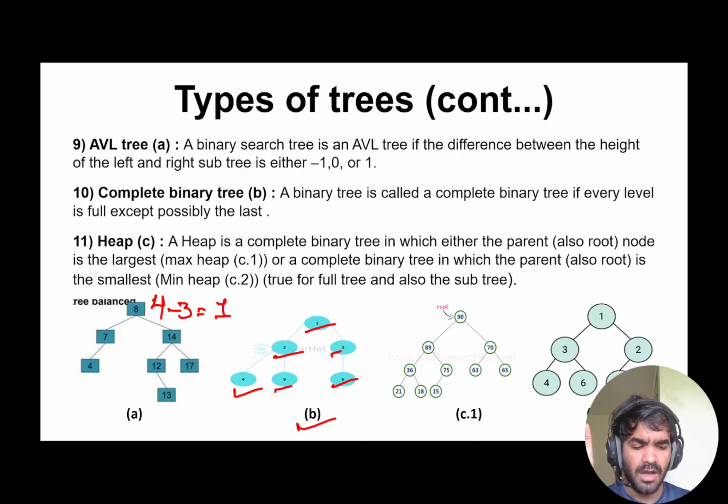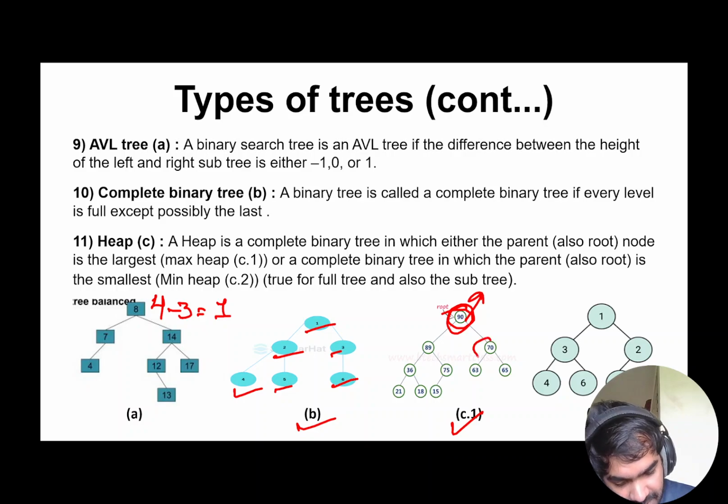Heap. A heap is a complete binary tree in which either the parent node is the largest, or a complete binary tree in which the parent node is the smallest. This holds true for the full tree and also for each subtree. For example, for a max heap, we have diagram C.1, in which 90, which is the largest number, is at the top or the root. 70 is at the top of its subtree. 89 is also at the top.